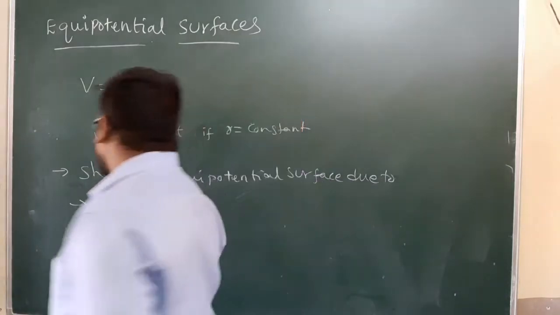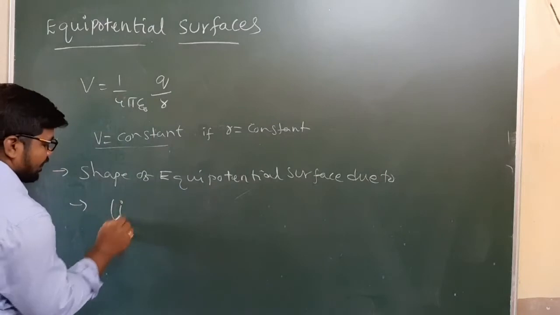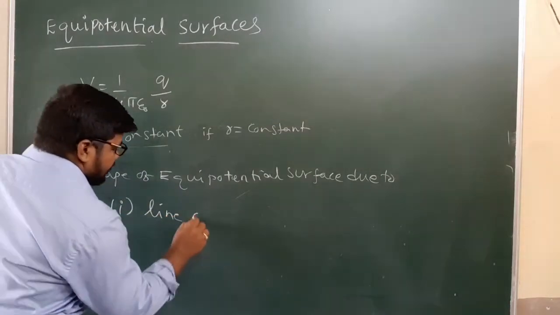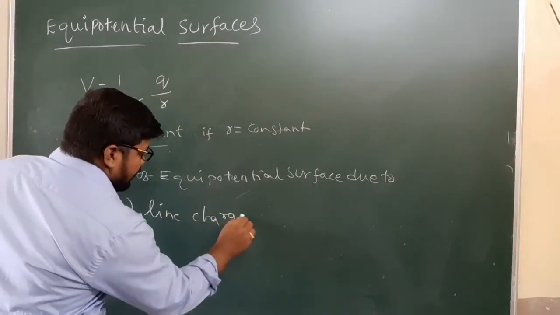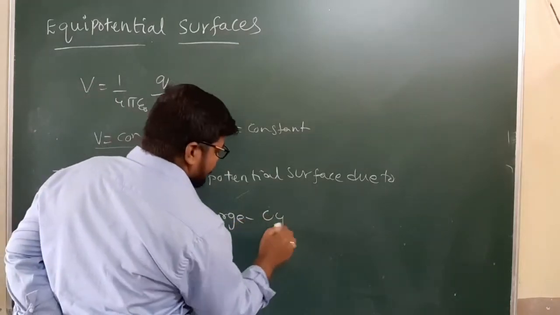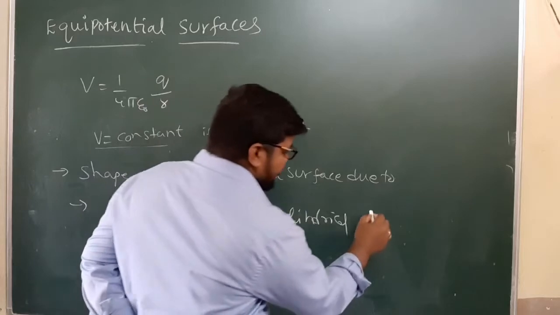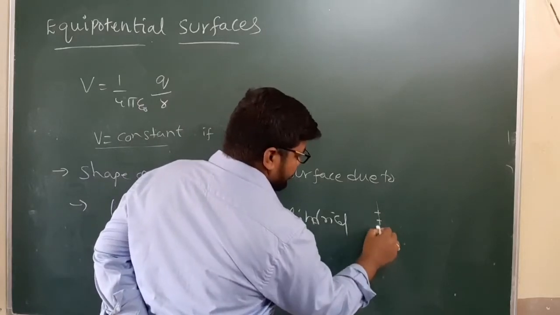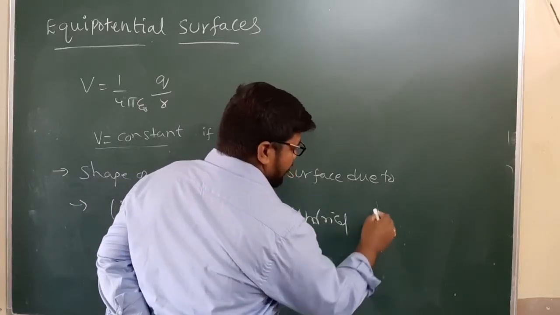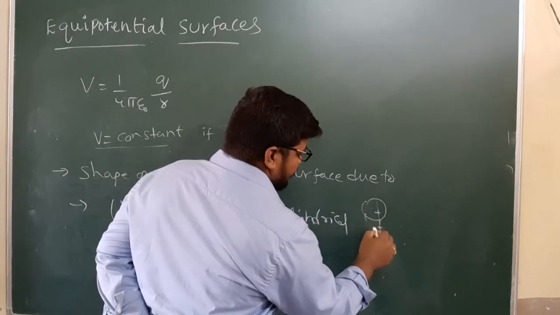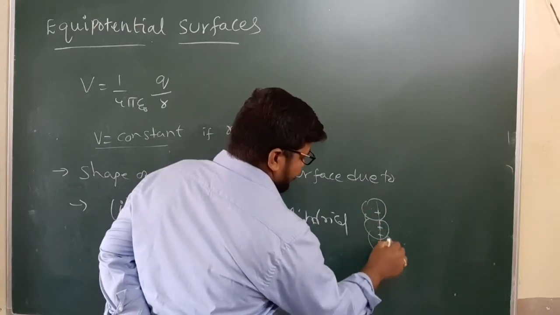It's clear, my children? First one, line charge, cylindrical. Line charge means this is the charge, so we obtain an equipotential surface like this.